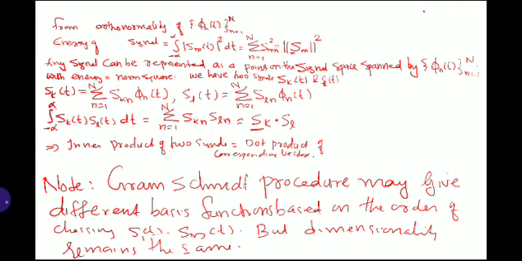Then you will get the sum over n equal to 1 to capital N of skn sln, because phi n of t and phi k of t either become 0 when they are multiplied, or when the two indices are equal, it is 1. So you will get the inner product as the sum of skn into sln. So you can see that you are multiplying the coefficients and adding.